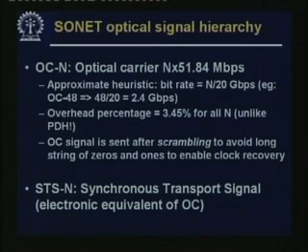The OC signal is sent after scrambling to avoid long strings of zeros and ones, to enable clock recovery. This is a small technical point. In order to keep the whole thing synchronized, the SDH units use the transitions which happen when there is a 1. If there is not a 1 for a very long period in the data stream, then the clock on one side may drift relative to the clock on the other side.